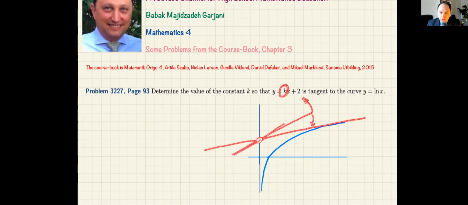None of them are tangent to this blue curve except one of them. So you see, one of them is tangent here, and I want to fine-tune the k value in such a way that that particular line becomes tangent to the graph of ln of x. Okay?